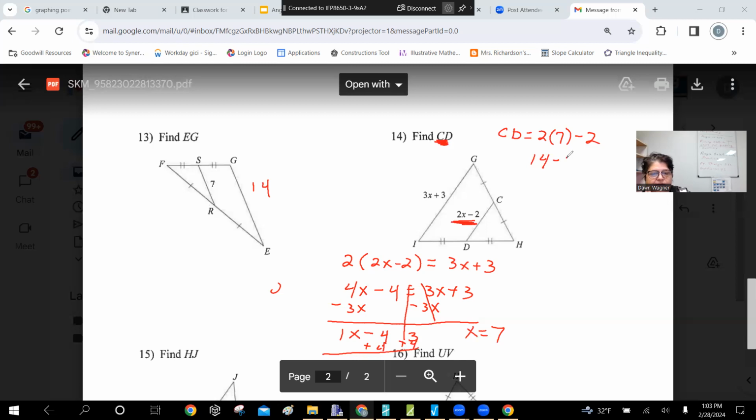And then minus 2 is 12. So CD is equal to 12. Because once you get x, you have to substitute it back in to get this length here. They asked for CD, which is this length.